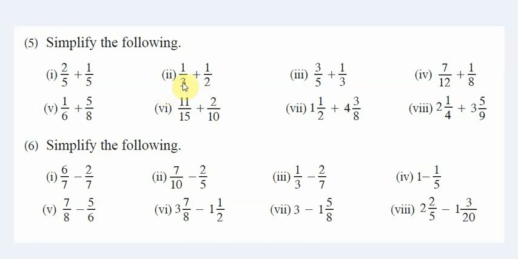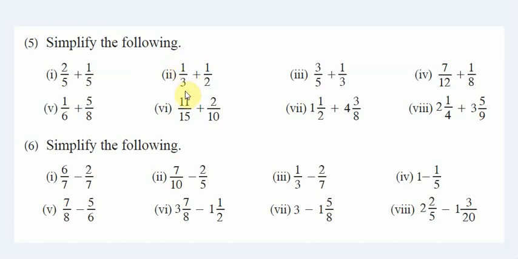But if you make any changes to this part, you need to do the same up here, because this is one fraction. If you just change this part, then the value will be wrong. So if you do anything to the bottom part, you need to do the same to the upper part. So to make it 6, you will be multiplying this by 2, then this also you need to multiply by 2.